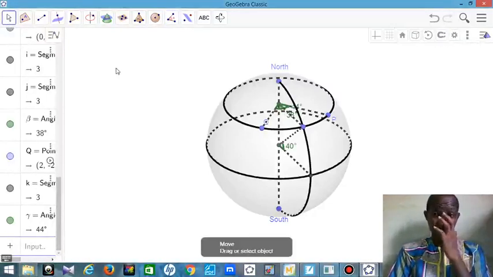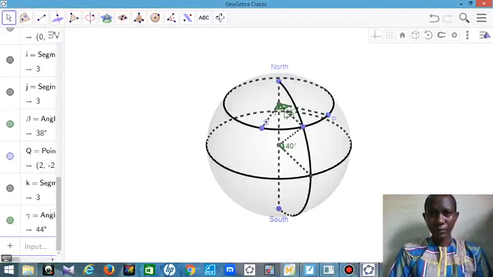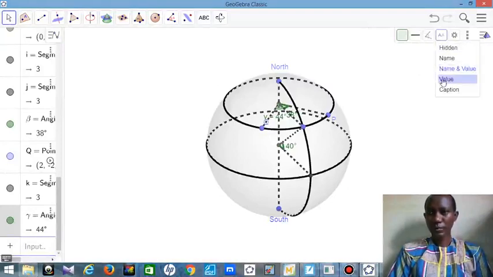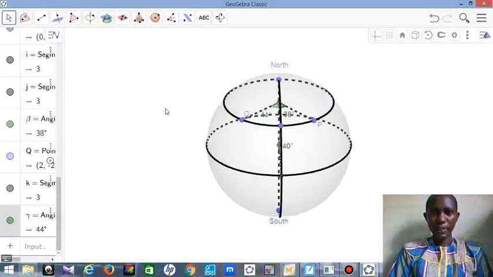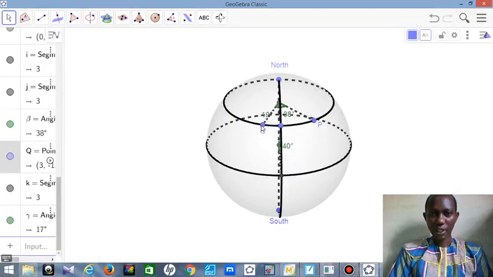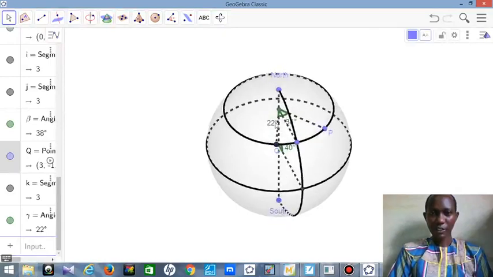So this is point Q. You can see it now. It's 22 degrees west. So this is 0. And you know west is towards your left. This is 22. So you can see 22 degrees west.